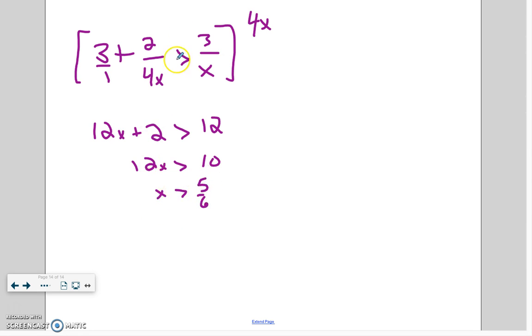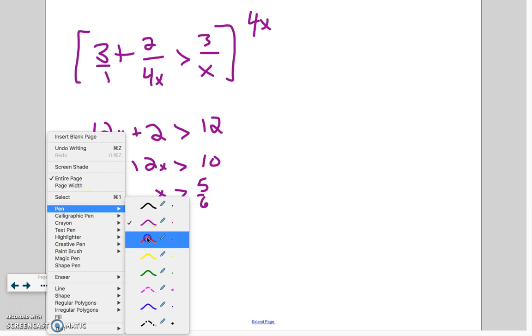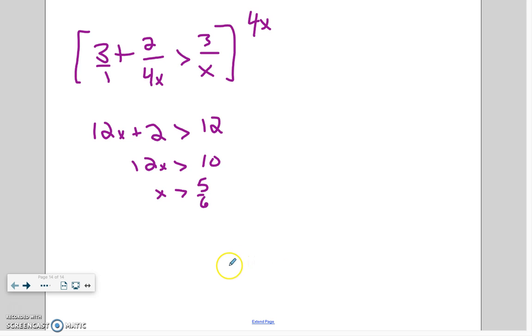Now the reason I'm doing this is that the process does not change when it's an inequality. The only difference is that now we have a number line that we have to analyze to make sure that these values work, yes or no. So currently we have 5/6 with an open dot right here, and we know in our mind that the values that are greater than 5/6 are going to make this statement true.